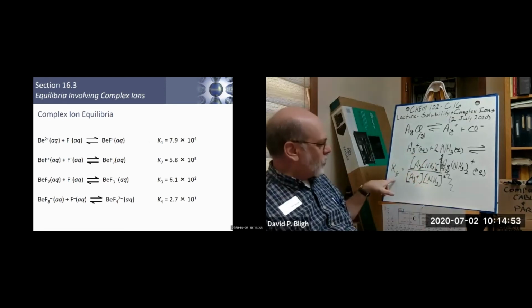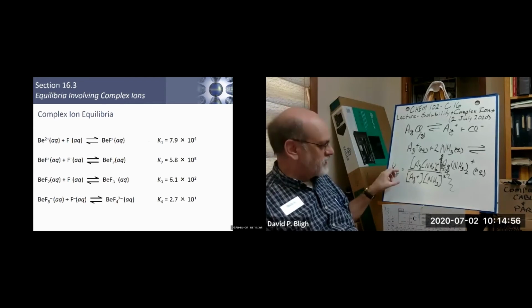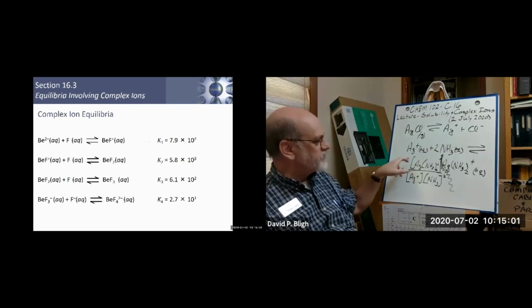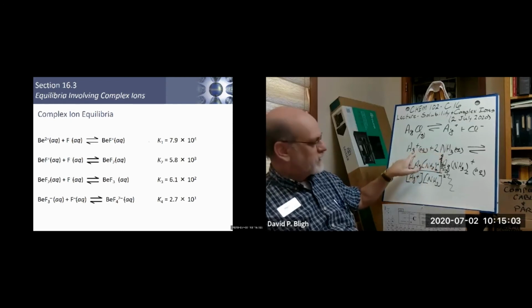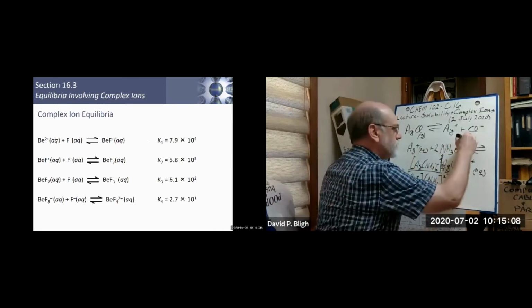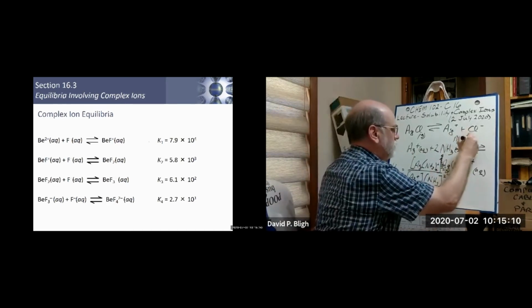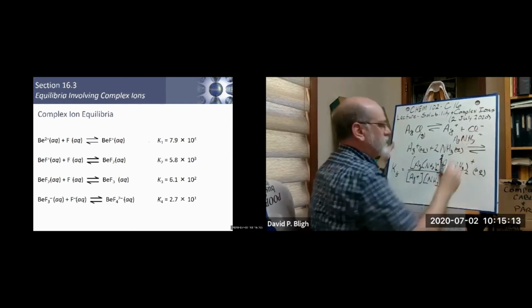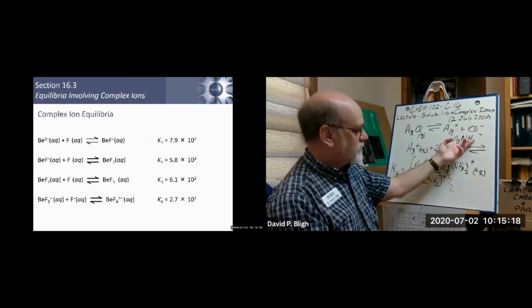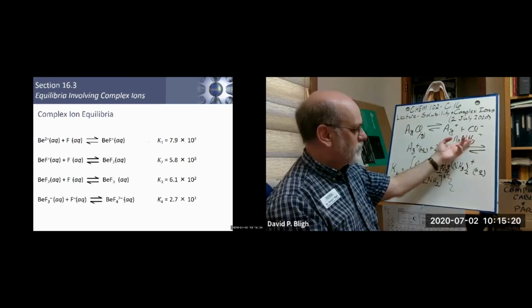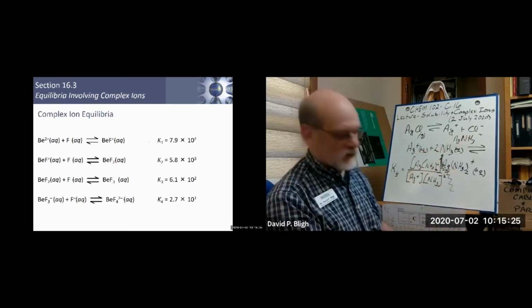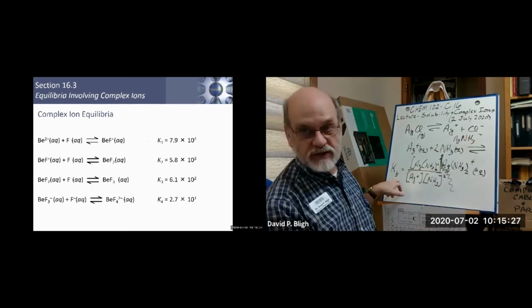This is the overall formation constant for that reaction, but it's actually a combination of reactions in which 1 ammonia attaches to the silver and produces that compound, and then this one is reacted with another ammonia to produce the final. So this is the overall formation constant.